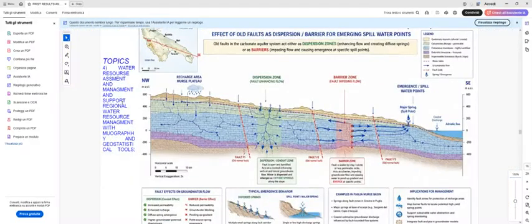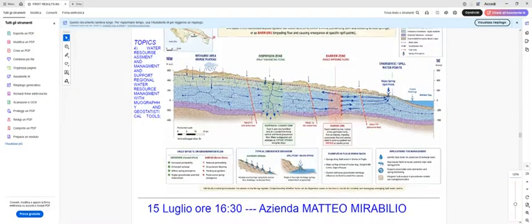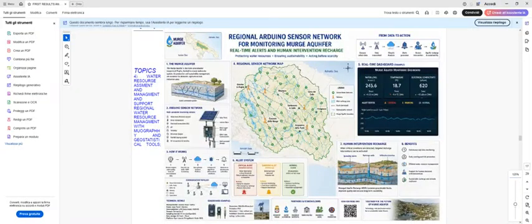Water resource assessment, and this is the first analysis for water resource assessment.